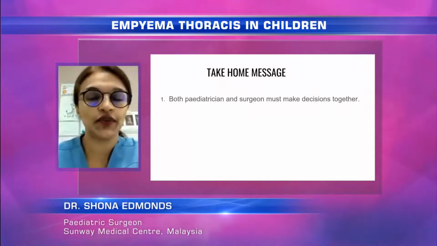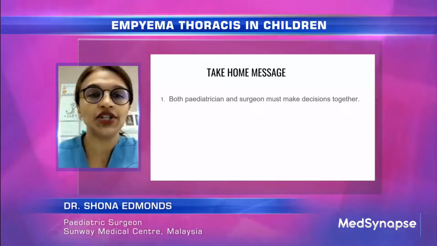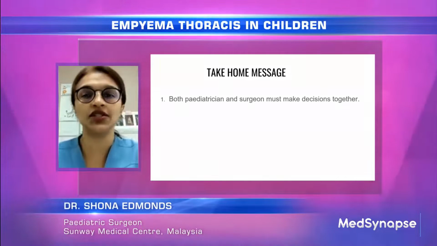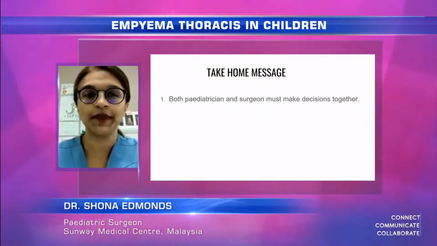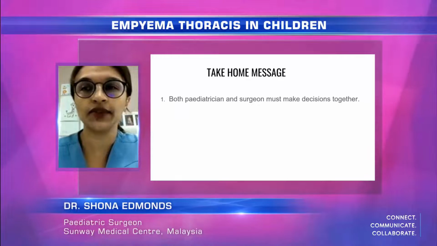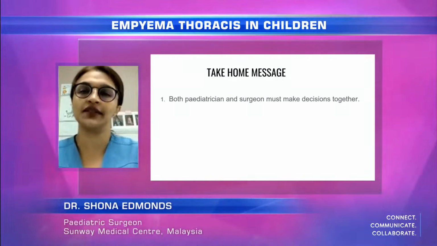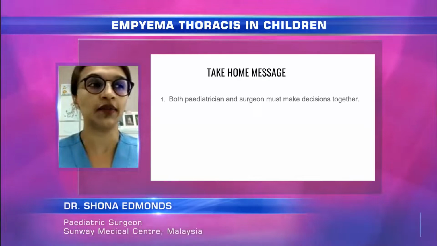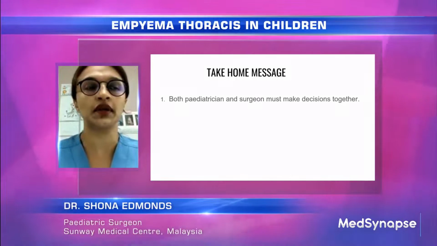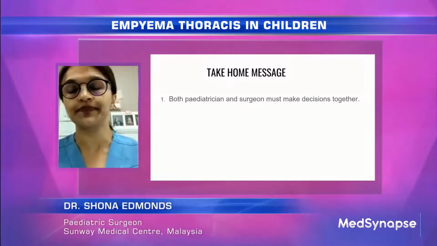Take-home message for us here today would be, firstly, a close working relationship between the pediatrician and surgeon in making decisions together for the benefit of the patient, instead of in silos. So ideally, the pediatrician ought to get the surgeon involved at a very early stage, even at the stage where intrapleural streptokinase is considered, right?